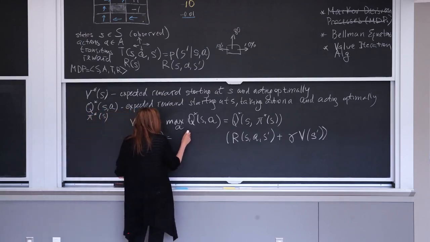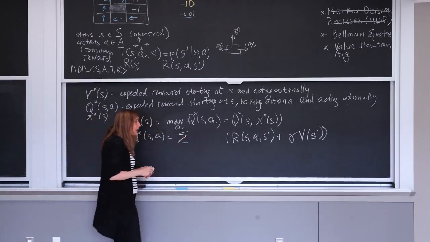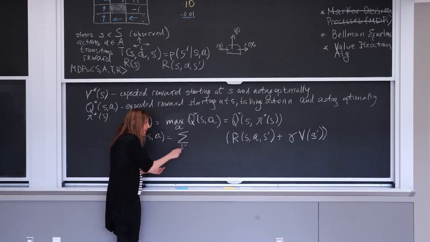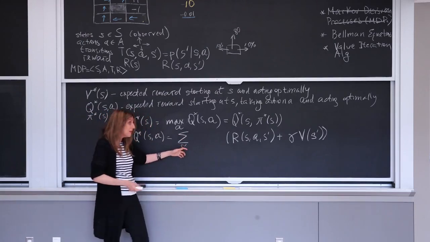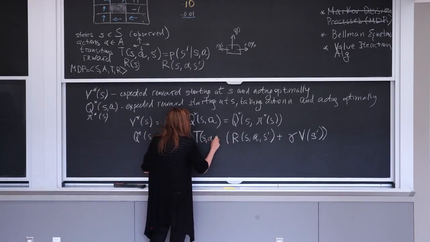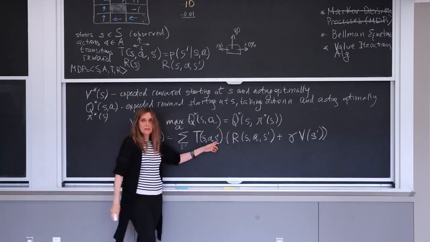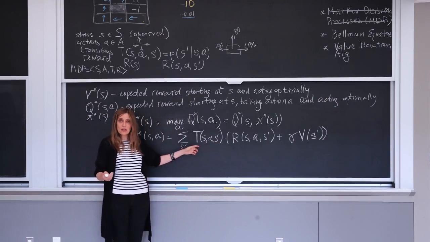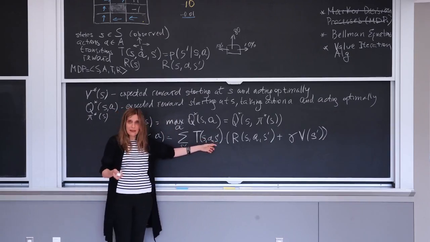So we will now look at all possible states S prime where you can end up, and we will look at the likelihood of actually getting to this particular state. And our transition function will tell us what that likelihood is.